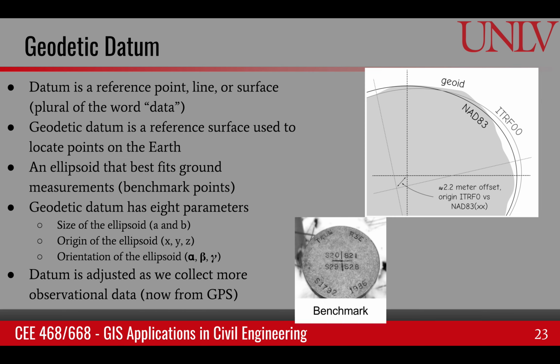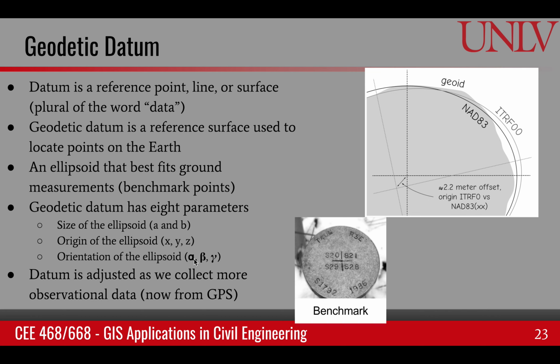Now, typically, an ellipsoid that is used as a datum is described by 8 parameters. 2 of the parameters are the size of the ellipsoid, which is A and B, the semi-major axis and semi-minor axis. Then there are 3 other parameters called X, Y, Z. This tells where the origin of the ellipsoid is.